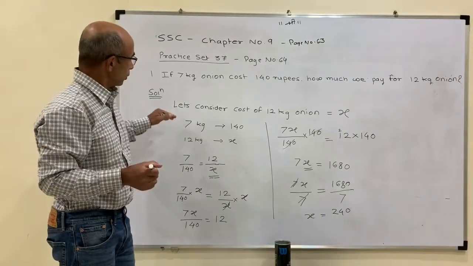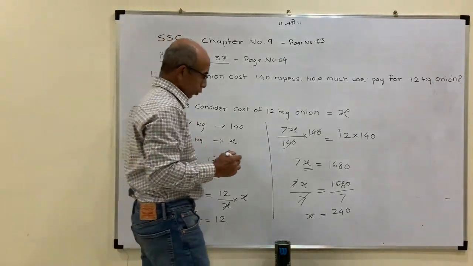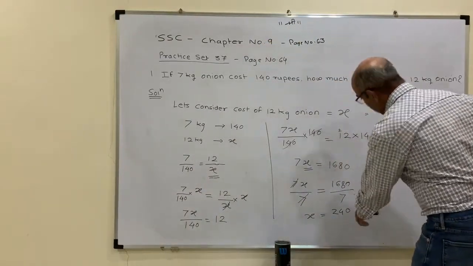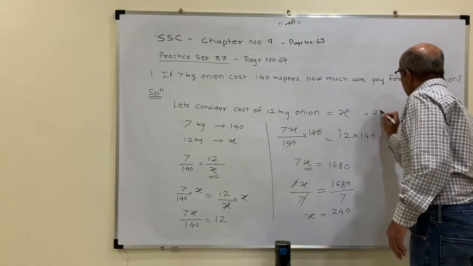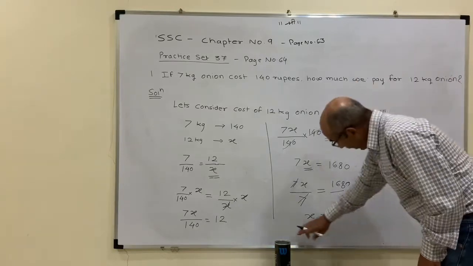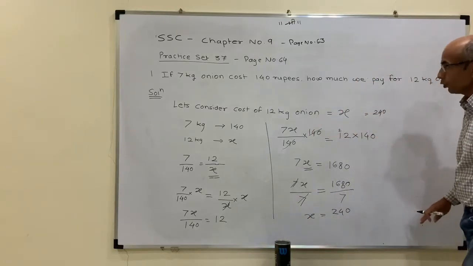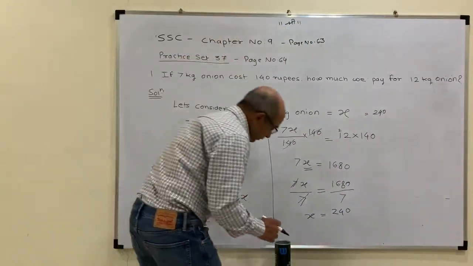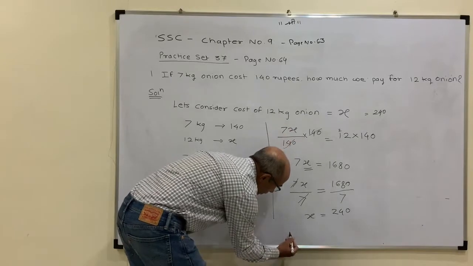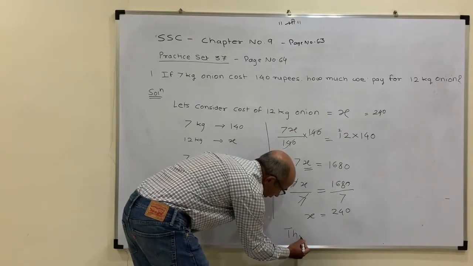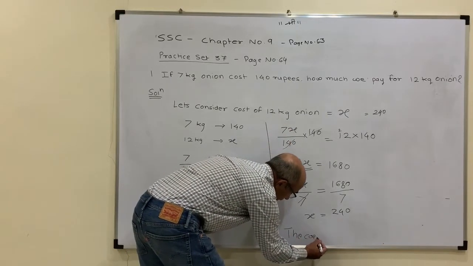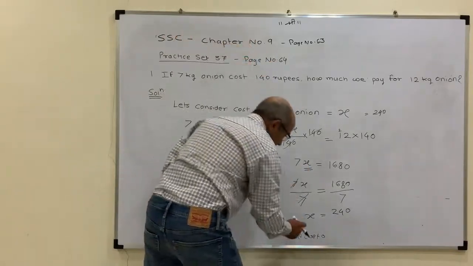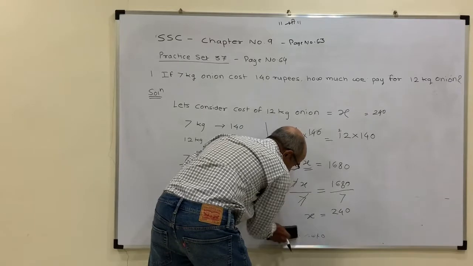So the cost of 12 kg onion equals x. What is the value of x I found? 240. So to write the answer in words, you should be writing: the cost of 12 kg onion, or how much we pay. We need to pay. You can write it in different languages as well.